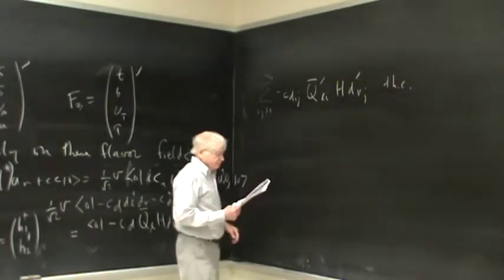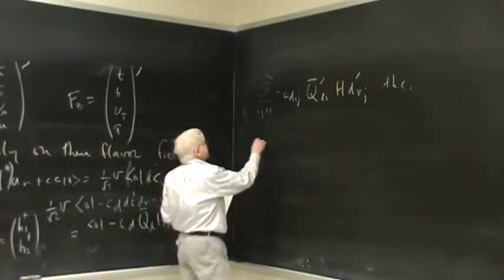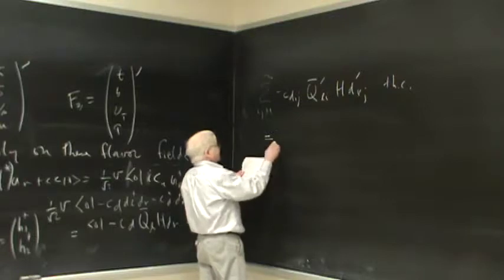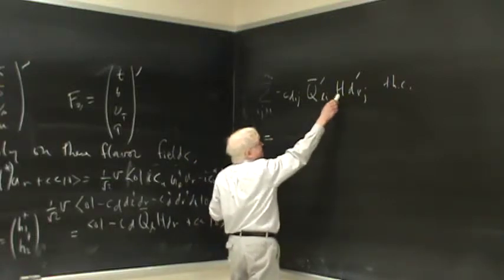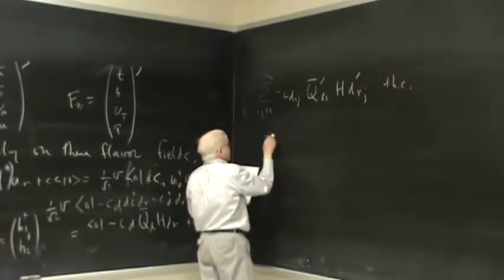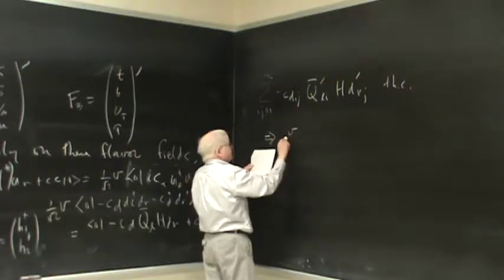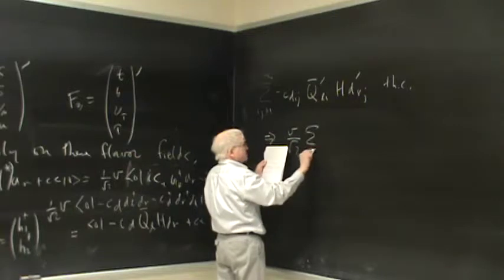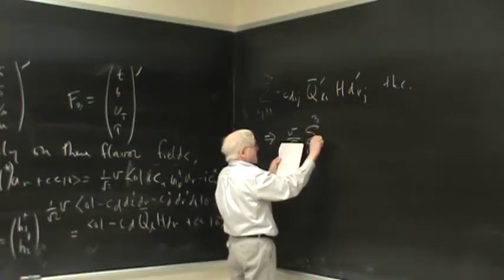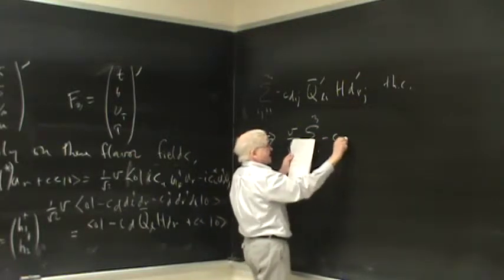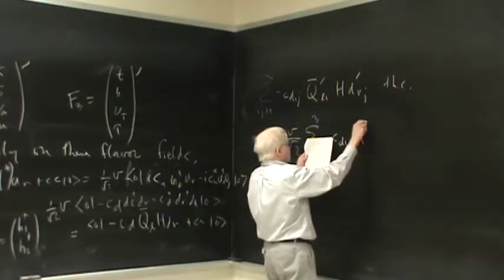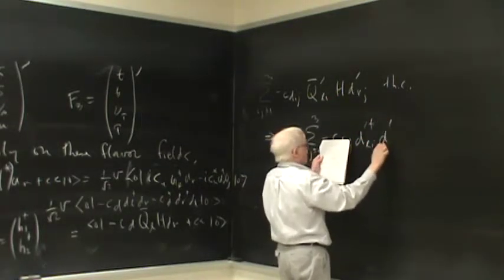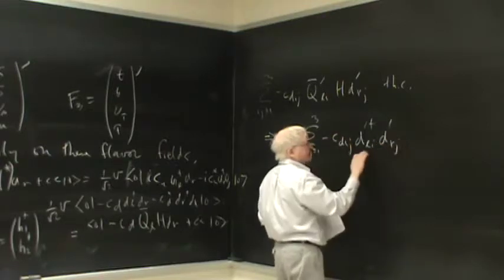And so, in other words, what this does look like is something like this. Once we have symmetry breaking, this thing gives us v over square root of 2, sum on ij equals 1 to 3, minus C_d ij, d prime dagger left i, d prime right j.